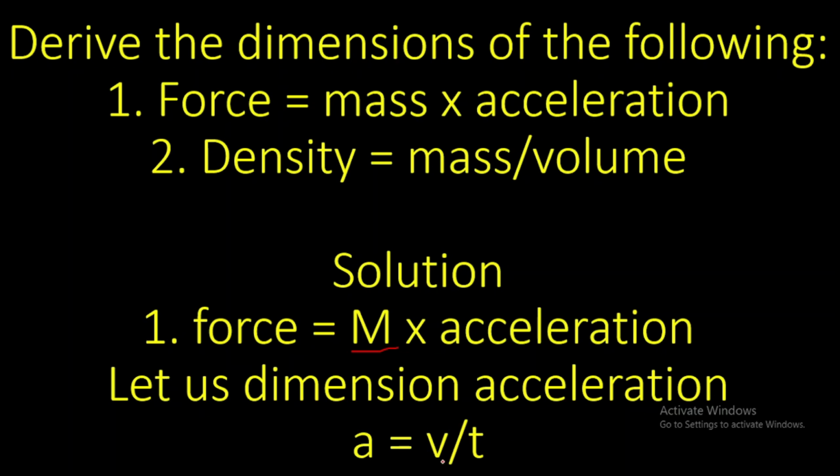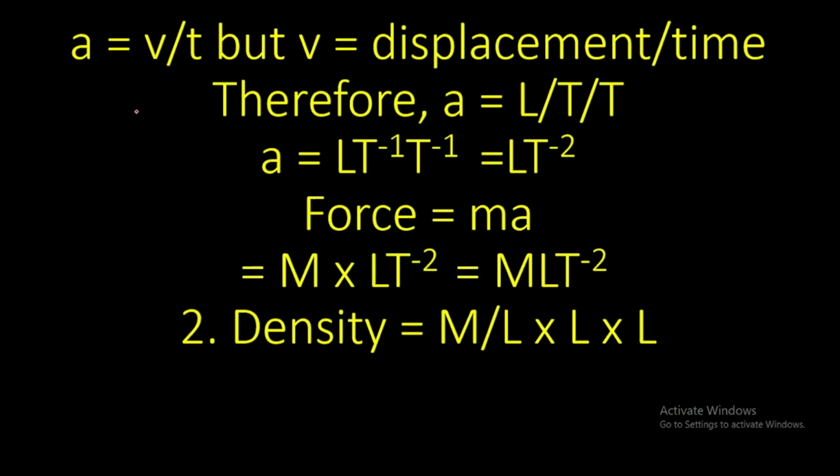Acceleration is defined as velocity divided by time. Let's continue. Now, acceleration is velocity divided by time. Time is a basic quantity, so you don't need to dimension it again. Remember, I said mass, length, and time are the most basic quantities. So when you are doing dimensioning, anywhere you see m, L, or T, you don't need to dimension again.